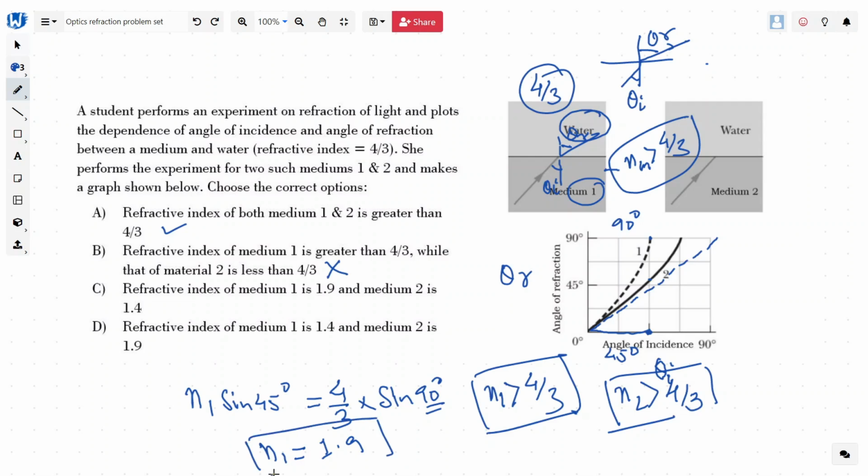1.9. Similarly, for medium 2, we can see that the angle of incidence now is 60 degrees. So we can write n2 sine 60 is equal to 4/3, and this one is also sine 60.